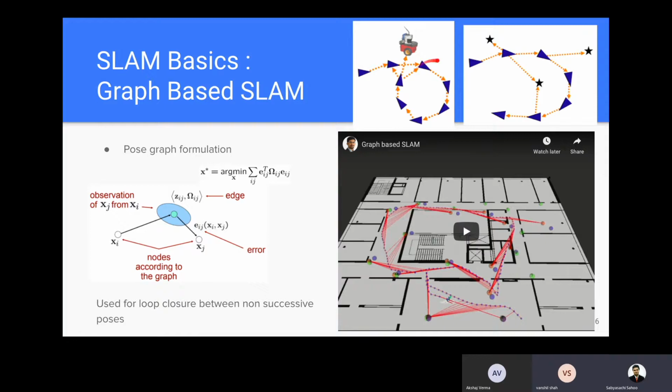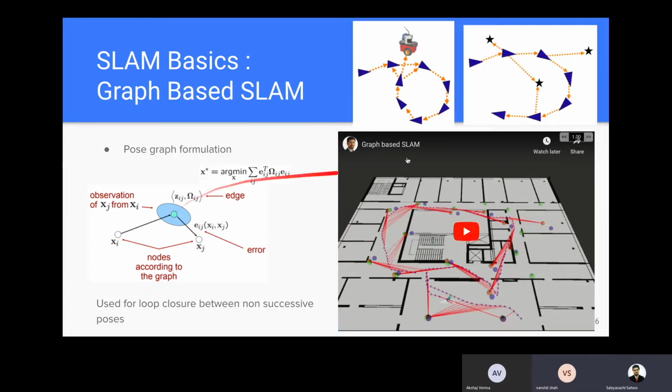If that was xi, we did a pose estimate of this from here, like that, from here. So indirectly, we have done a pose estimate of xj from xi via these successive poses. That's one pose estimate of xj with respect to xi.